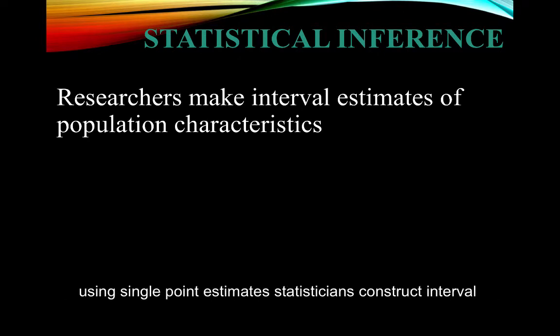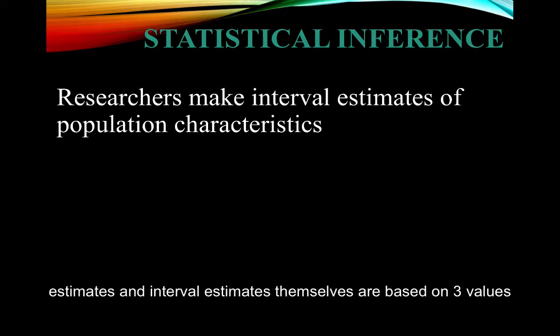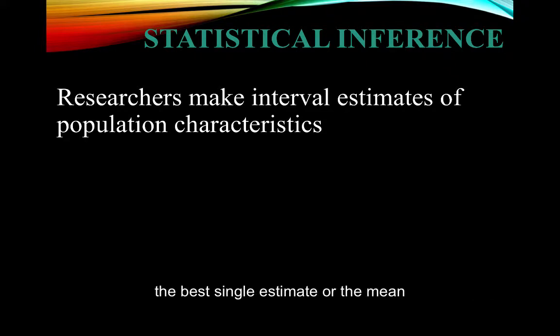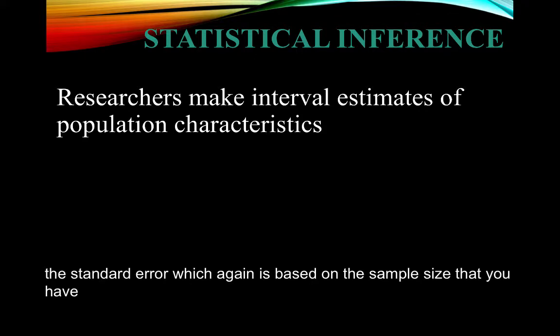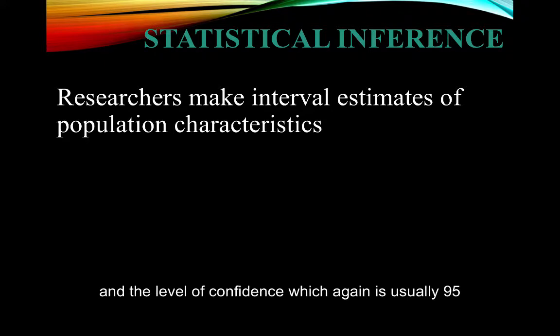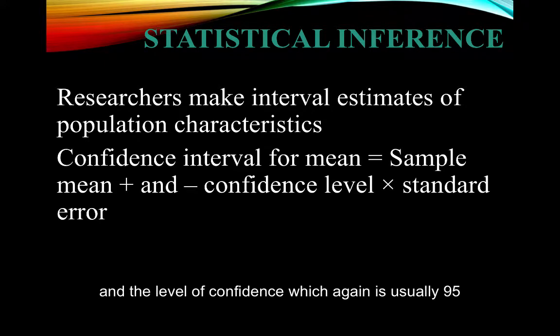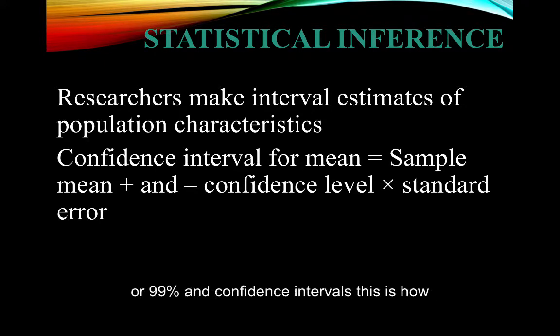Rather than using single point estimates, statisticians construct interval estimates. And interval estimates themselves are based on three values: the best single estimate, or the mean, the standard error, which again is based on the sample size that you have, and the level of confidence, which again usually is 95 or 99%.